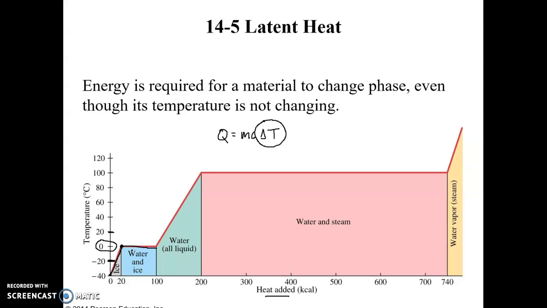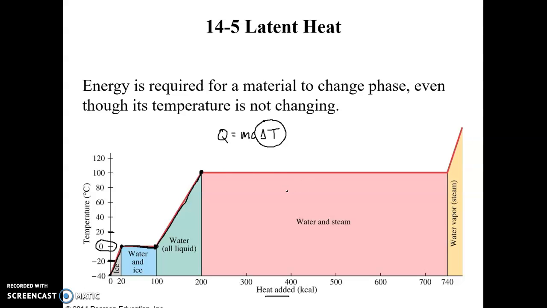It's causing that phase to change from solid to liquid. And it's going to maintain that constant temperature until it is fully melted, it becomes entirely liquid, and then that linear relationship resumes, where the heat being added in is increasing the temperature, and then we have another phase change.